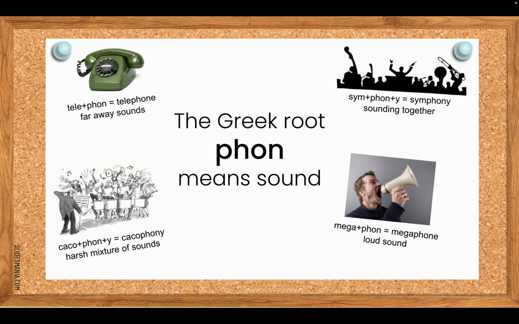We have a symphony, where we're putting sounds together. A cacophony, a very loud, harsh mixture of sounds. I think that's a band there. A megaphone is producing loud sounds. So whenever we're hearing that root phon, or sometimes pronounced phone, we're thinking of sounds.